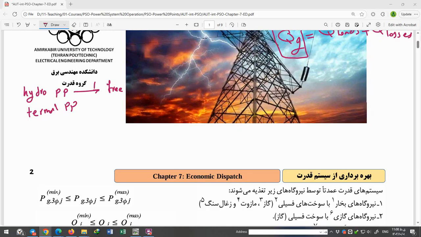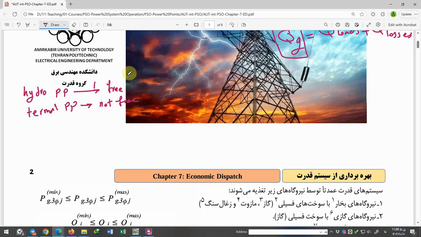The hydropower plant needs no fuel. But the thermal power plant is not free. The economic dispatch makes you utilize the hydropower plant first.